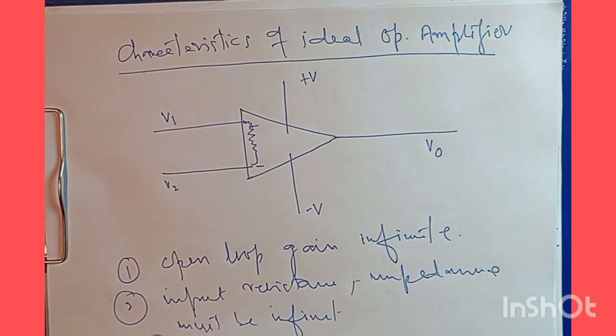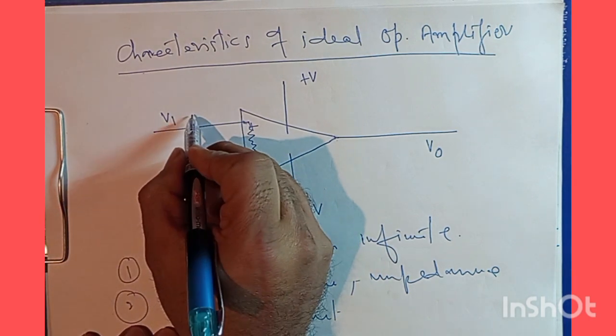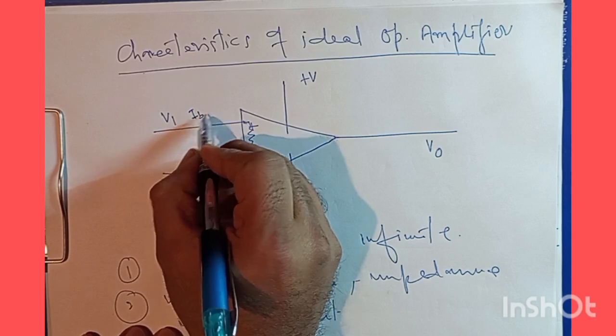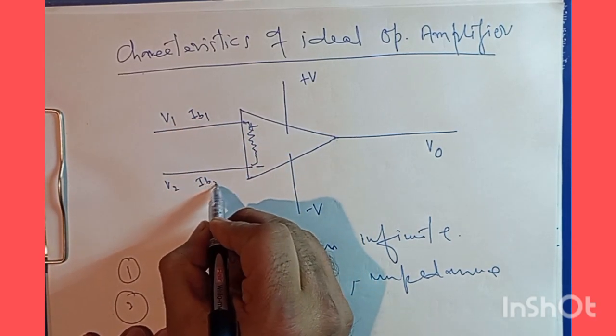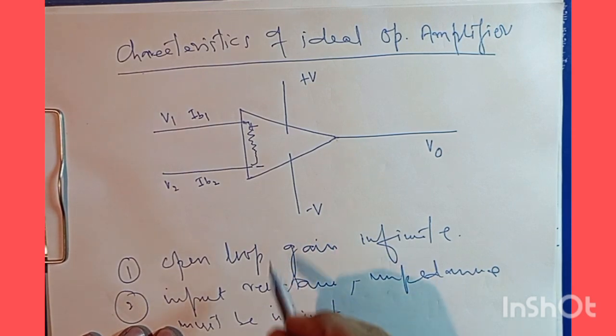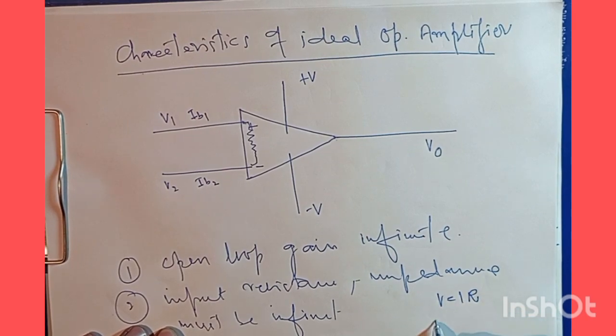Now, if this is the case, say for example, we have the current here, I'll call it IB1. Here I call the current IB2. Now, if the input impedance of this operational amplifier is very large, then if we think in terms of Ohm's law, V is IR, or Z, you can say.